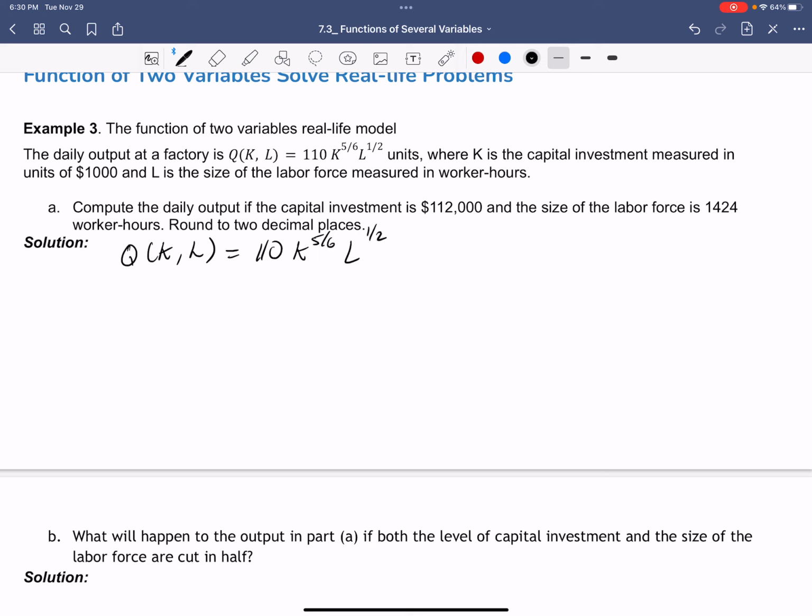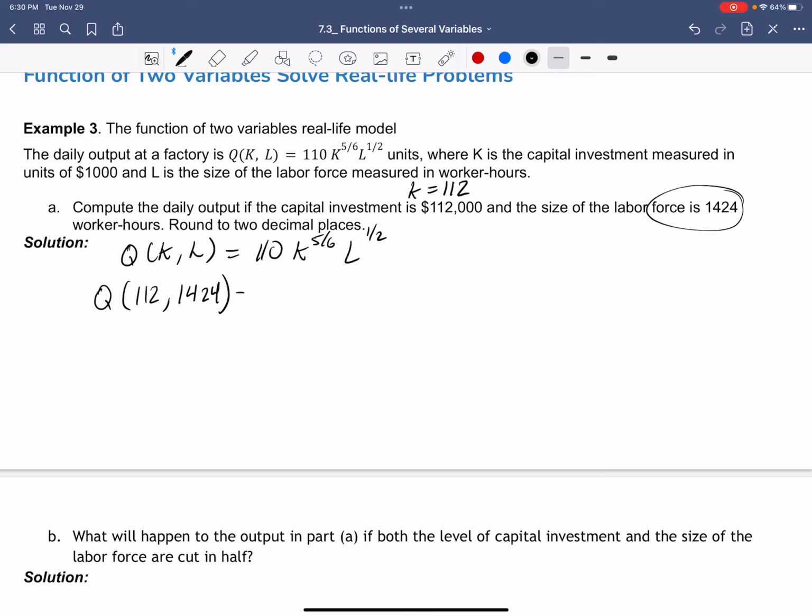All right, so what we're going to do is replace K. Here K is 112, because remember that K represents units of $1,000. And then L is the number of hours worked of labor, so 1,424.